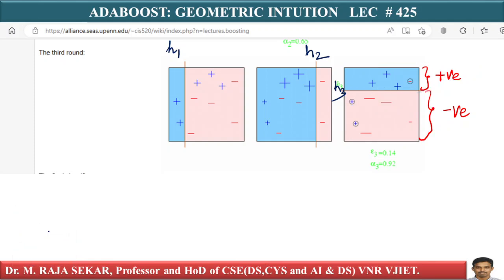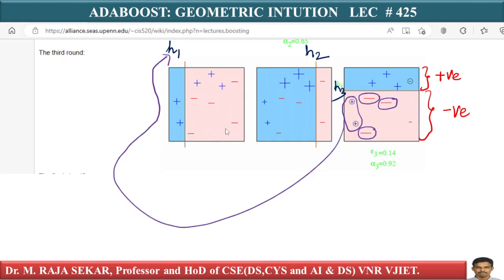Now I have only one point which is an error in the above hyperplane. You are saying positive here, but you have a negative point. Here in the below hyperplane, there are a couple of points which are errors. You are saying negative, but you have positive points.